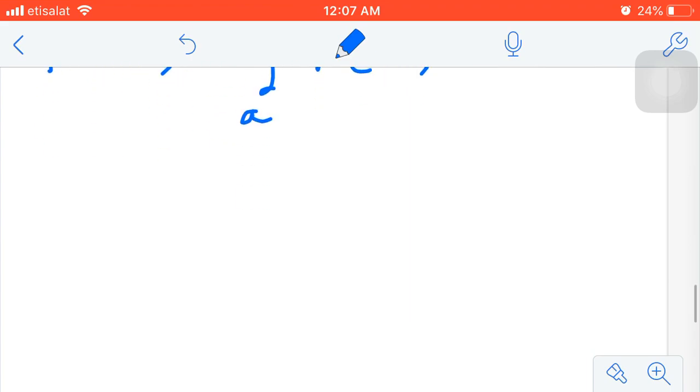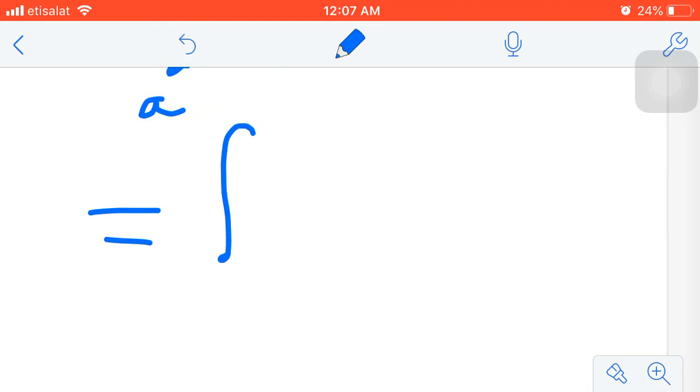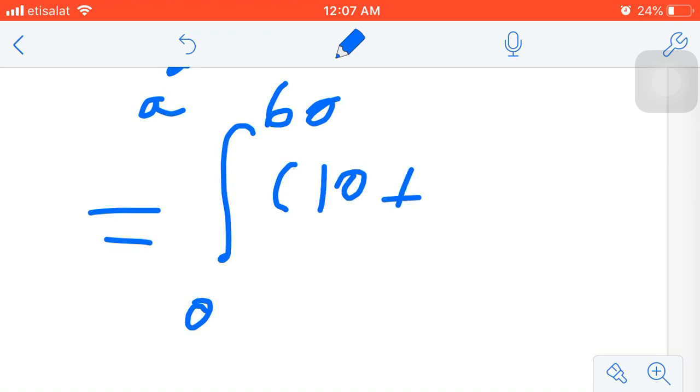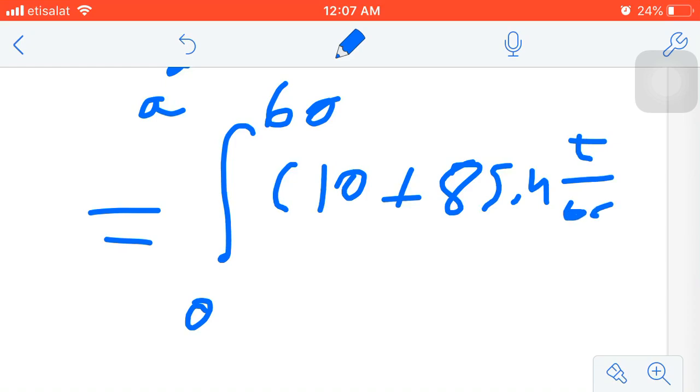which in this case is, since they gave us the intervals from 0 to 60, the integration from 0 to 60 of 10 plus 8 sine t over 60 dt.